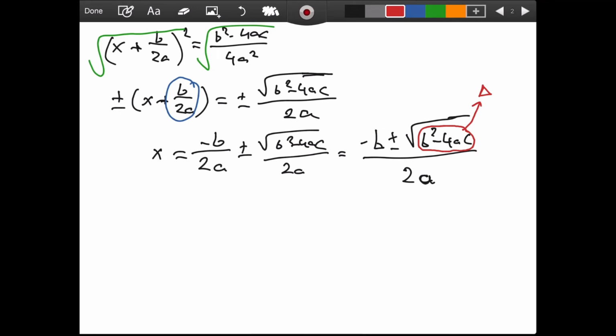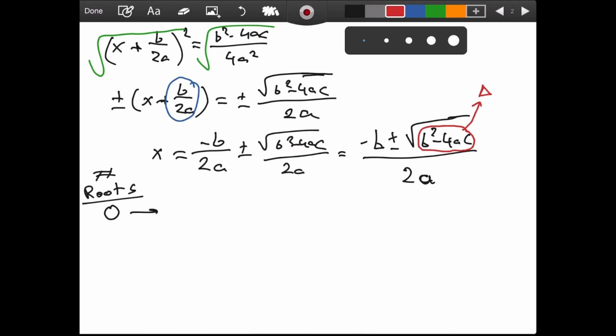Well, for it to have not a real root, let me say we have 0 roots. 0 roots means, actually, let's say number of real roots, right?